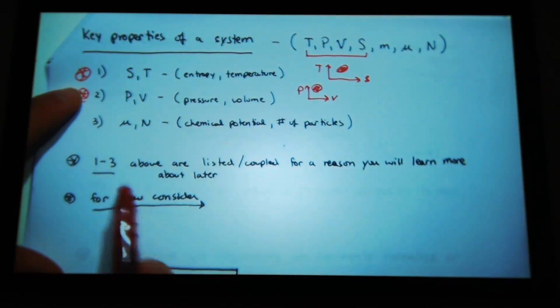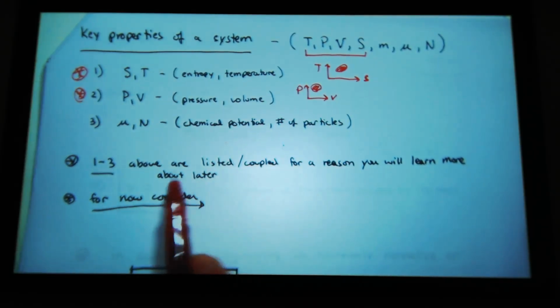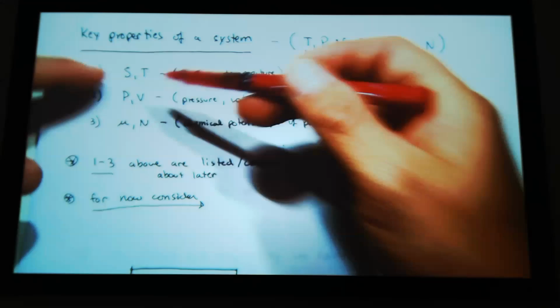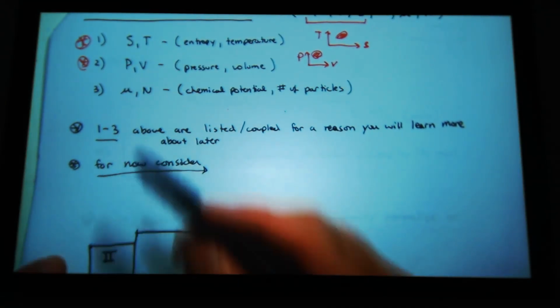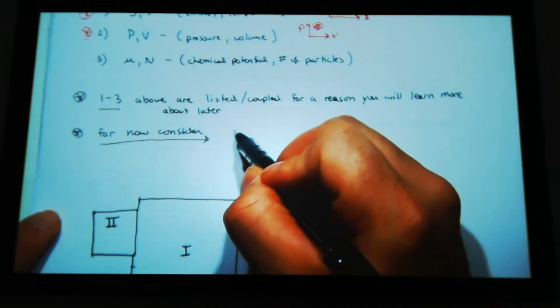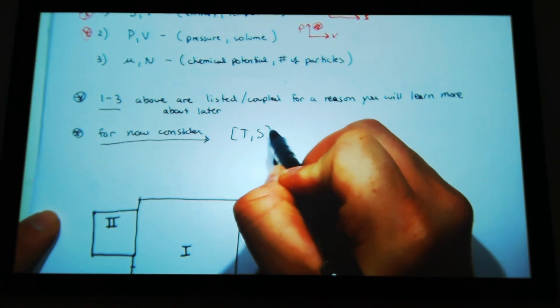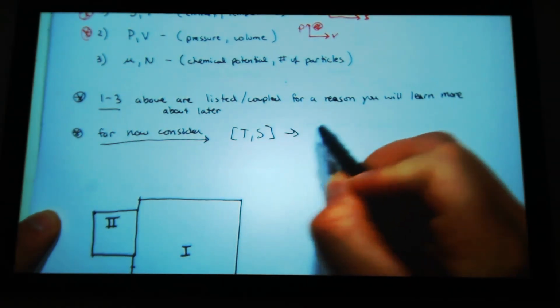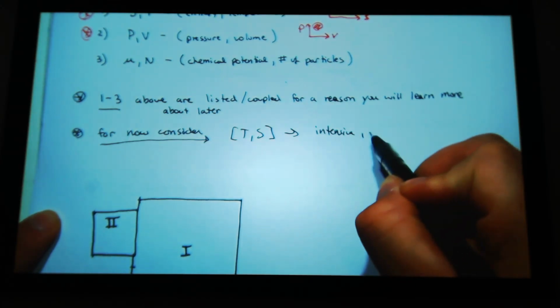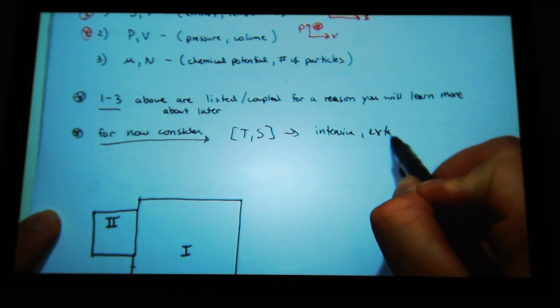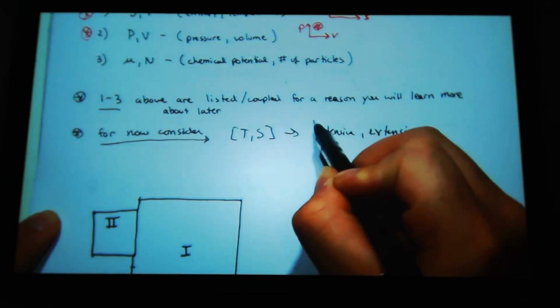So if I look at this, you'll learn more about the reason these are coupled in this way. But for the meantime, they're written like this. I just want you to consider that I have TS, which is an intensive, extensive couple.